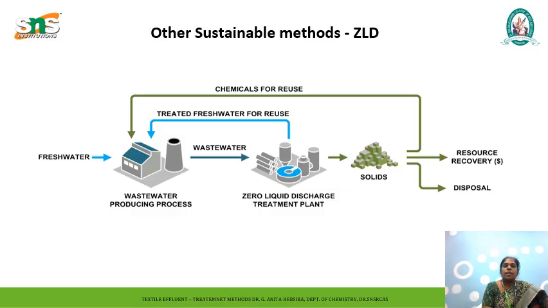So the wastewater is treated, and the treated fresh water is taken for reuse in the textile unit again, and the remaining chemicals are also taken for reuse. So the disposal is nullified, and we call this zero liquid discharge. So these are some of the sustainable methods which are now being practiced in industrial units.